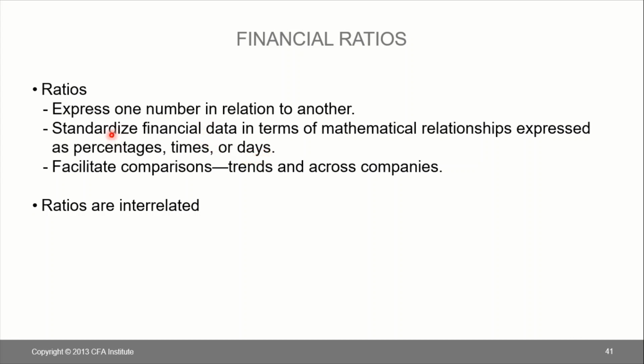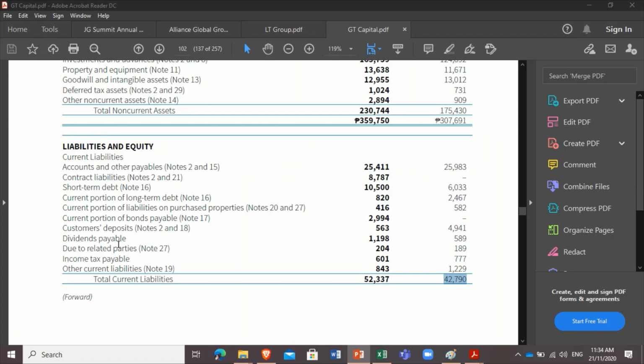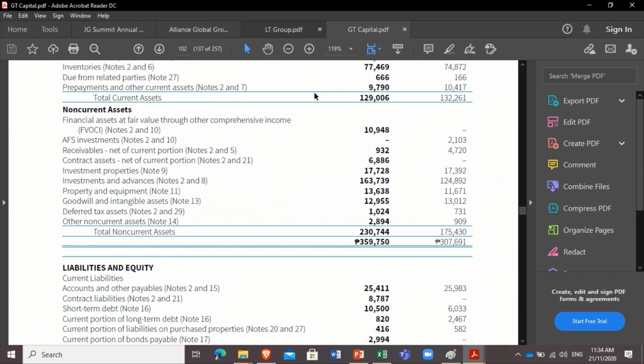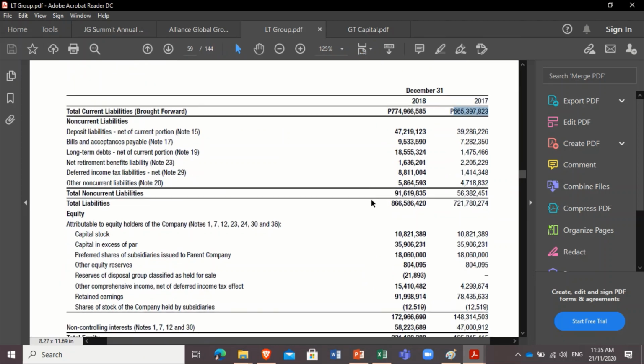But to make the definition of ratios more substantial for you guys, it's for sure at some point in your college life as a finance student, you would see these financial statements very intimidating. So let me just show you some examples of these financial reports that you've been seeing for the past several months.